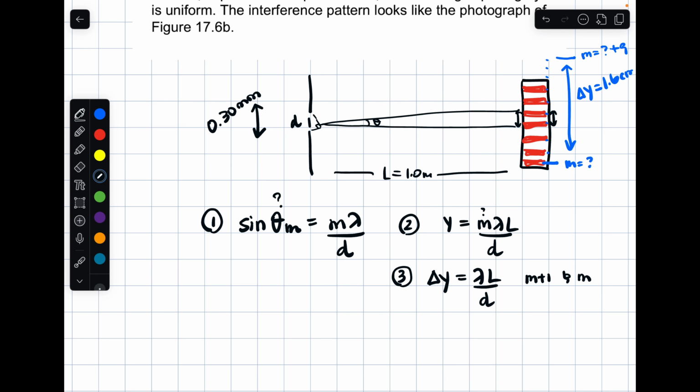So we can't really use equation 2 either. That leaves us equation 3. So what does equation 3 relate? Equation 3 relates the spacing between adjacent fringes. And we know that the spacing is equal between any adjacent fringes.